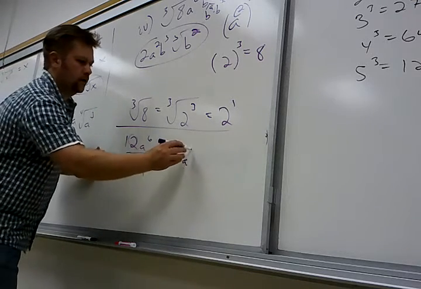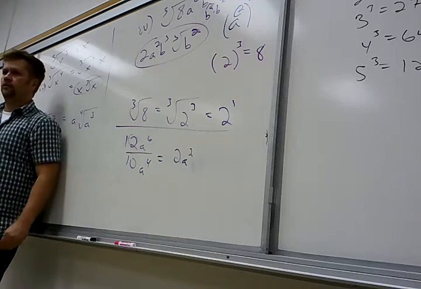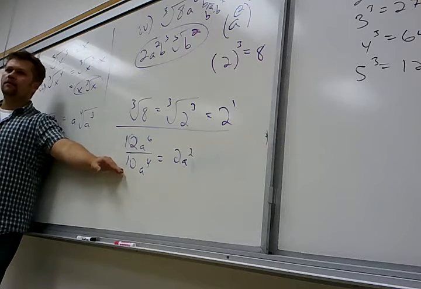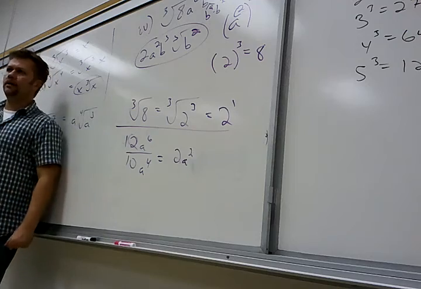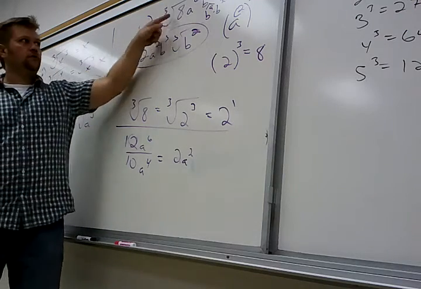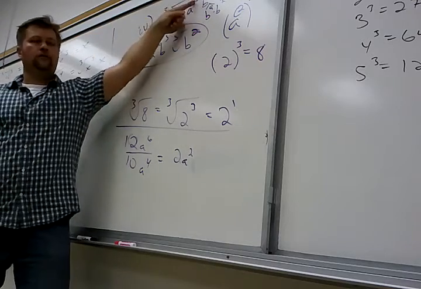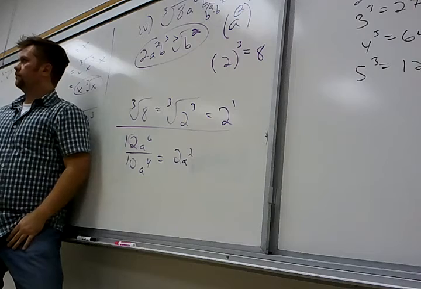Subtract. So you get a^2. And then I had somebody put a 2 there. Where do you think that 2 came from? Because they did 12 minus 10. Numbers don't act like that. Exponents act like that. Not numbers. So up here, numbers don't have 3 going into 8. 3 doesn't even go into 8. That sucks. Exponents act like that. They don't act the same because they're not the same things.